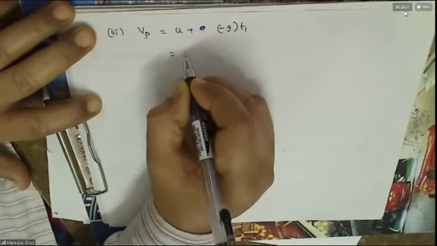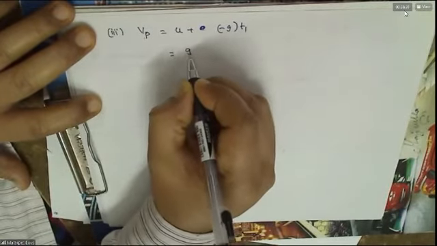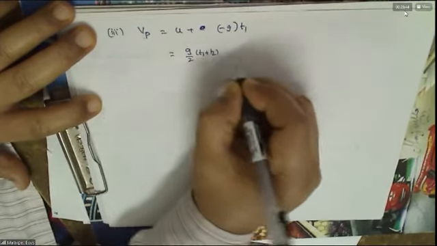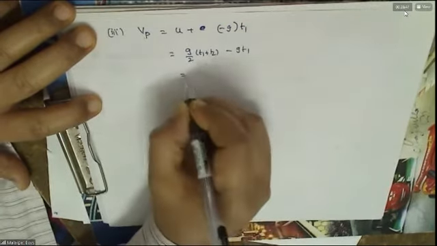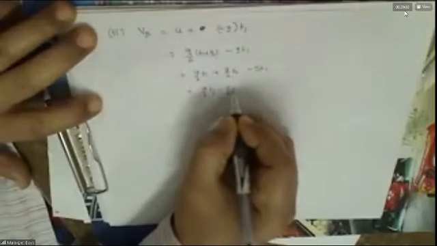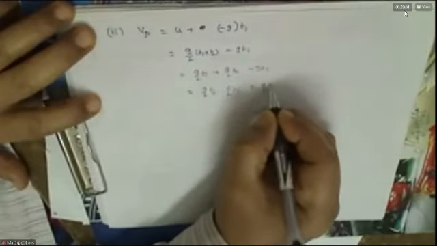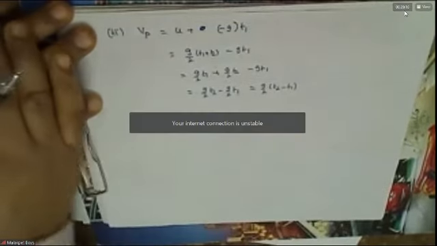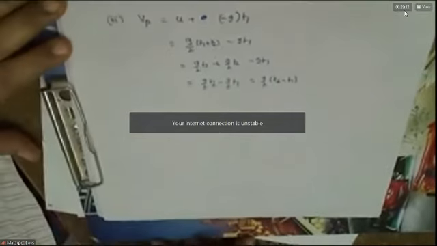How much is u that you got just now? g by 2, g by 2 into... Understood? So you got the velocity of the particle while moving up.